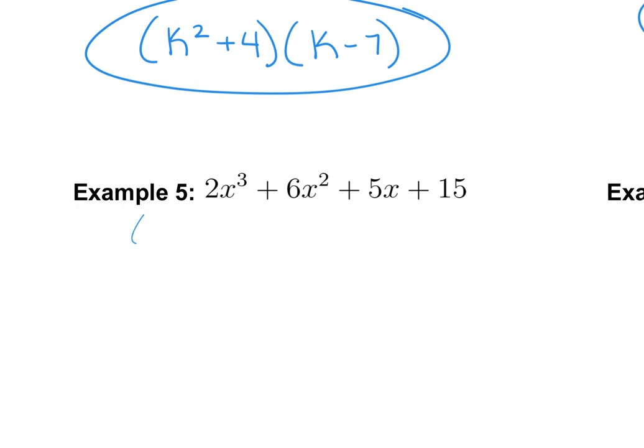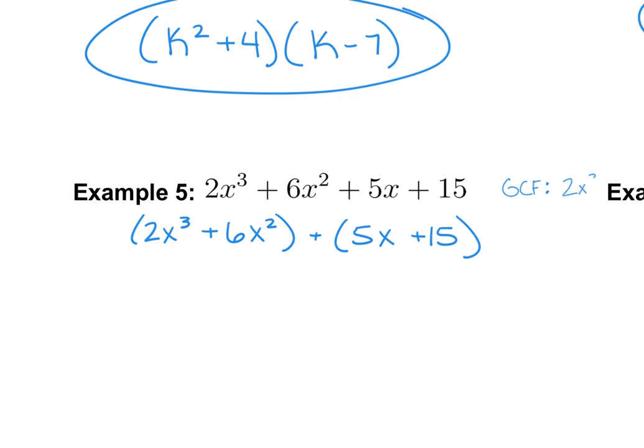Okay, set up my groupings. Okay, so on this one, I can factor 2 and an x squared out of the first parenthesis.